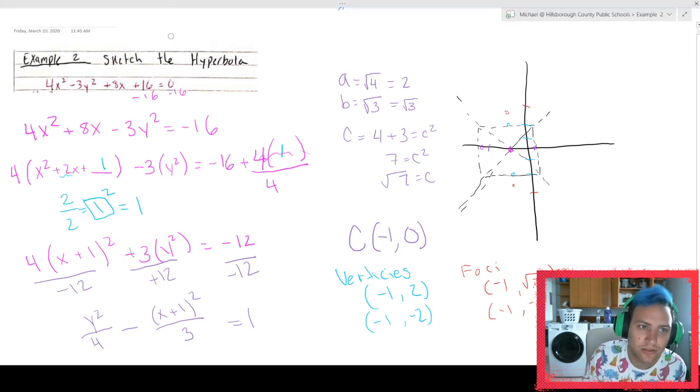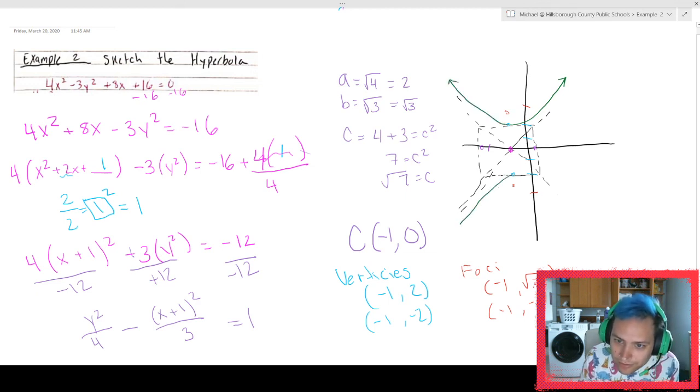I know that's a lot of colors going on there, but we know that this is our center. Here's our vertex. It's going to come out to this asymptote and this asymptote, and then this one's going to come out to this asymptote and the asymptote that was right here. And that would be our hyperbola, that green thing right there.